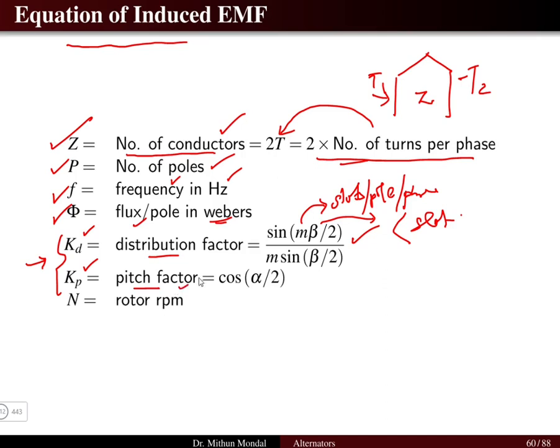Similarly, the pitch factor is given by cos(α/2), where α is the coil angle, that is, how much the conductors are short pitched. N indicates the speed of the machine in RPM.